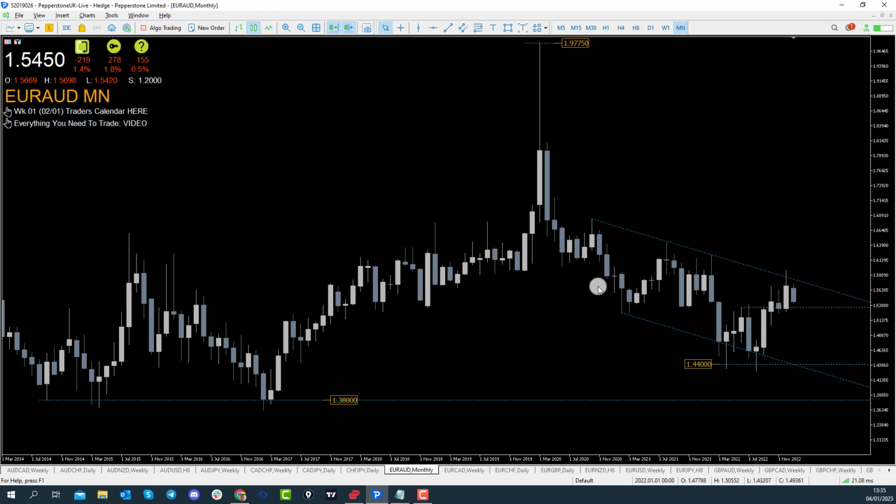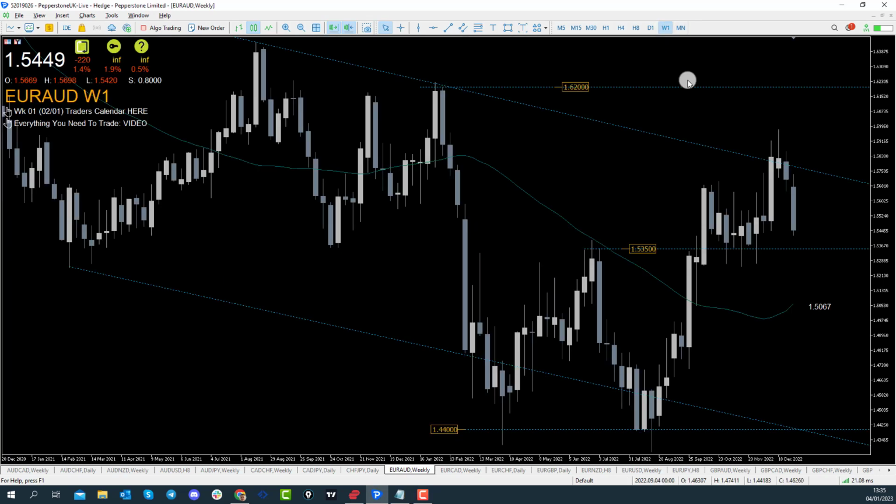So that to me suggests that price could stay within the channel, and that could mean that price is now going to head back towards that 1.44 handle, especially if the euro does remain weak and the Australian dollar continues to strengthen.